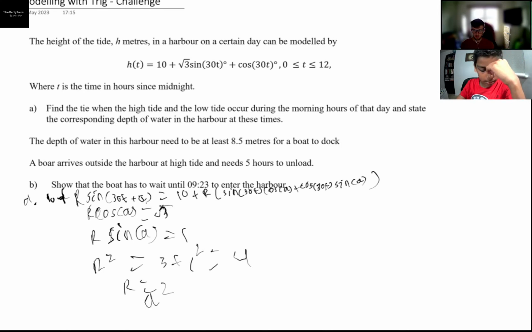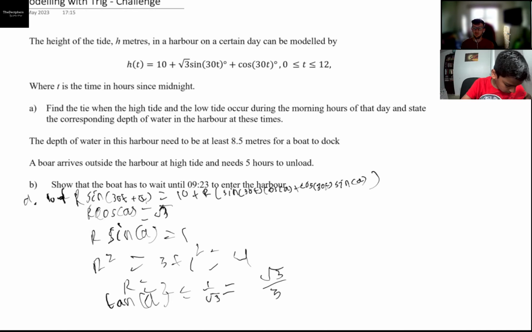And then tan of alpha is 1 over root 3, which you don't need a calculator for. I can see you using your calculator. You could have done this one without a calculator.